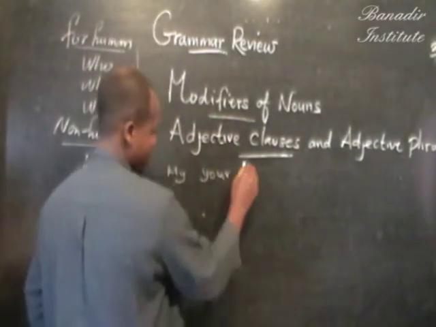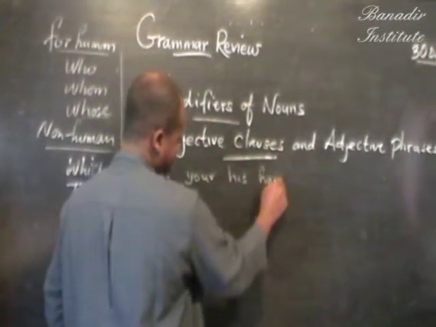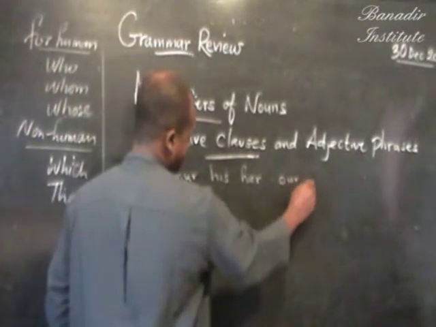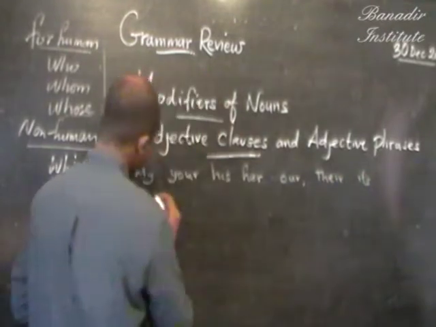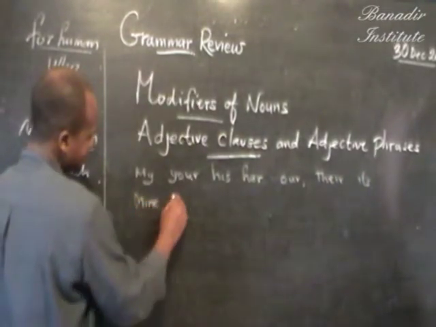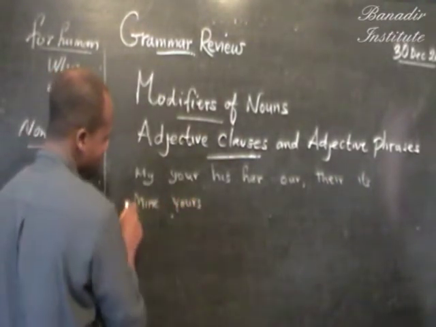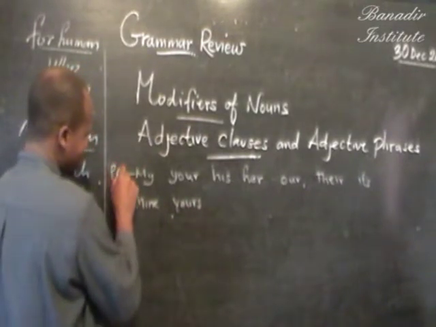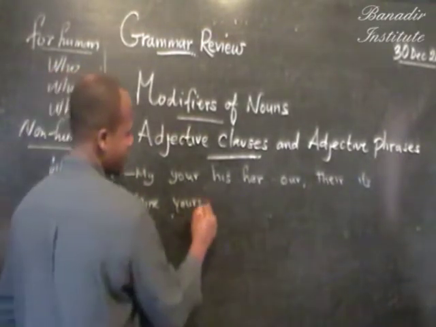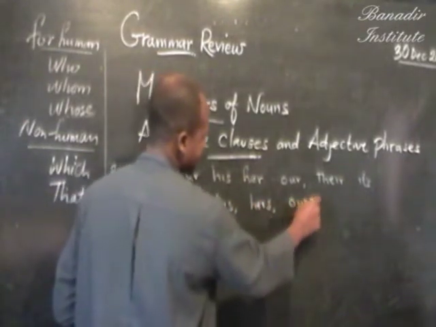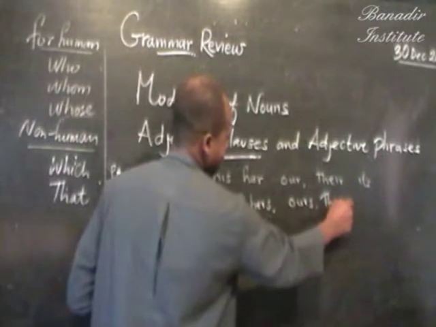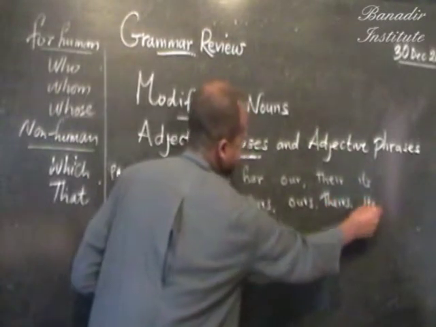Possessive adjectives: his, her, our, their, its. And I can say mine, yours. Possessive pronoun, possessive adjective. Yours, his, hers, ours, theirs, and its.